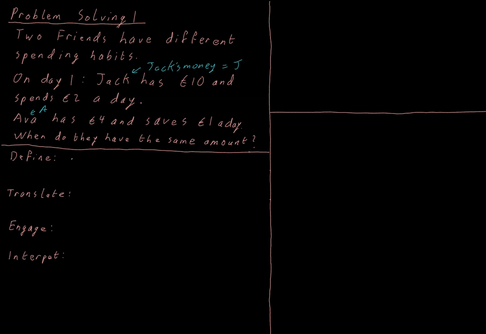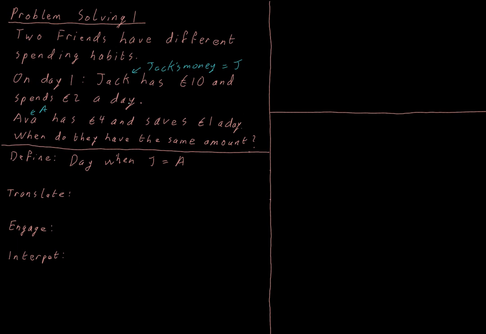So I want to know the day when Jack's money is equal to Ava's money. When they have the same amount of money, they would have an equal amount of money. Say, if, this isn't going to be the answer here, but if they both had €10 on a particular day, then they would have an equal amount of money, or the same amount of money.